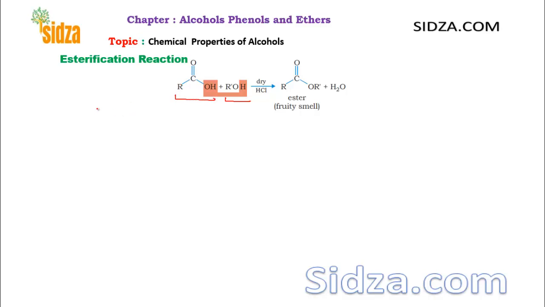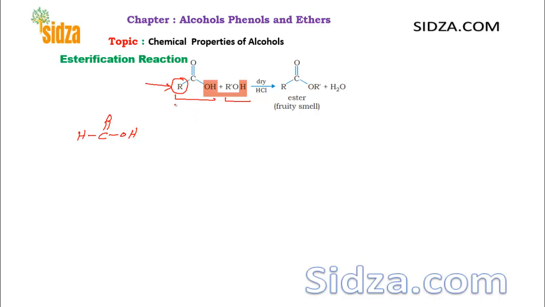Suppose you have formic acid, HCOOH. This is the most reactive carboxylic acid among all the carboxylic acids towards the alcohol in the synthesis of an ester. And if you increase the size of the alkyl group, the reactivity of the carboxylic acid will decrease in the esterification reaction.